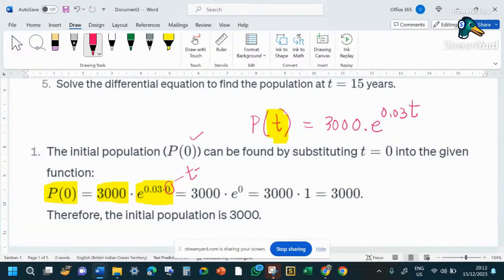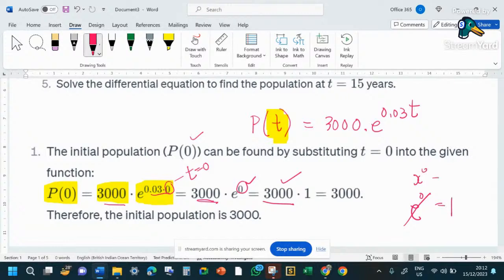There's no time lapse yet. So calculating this, you have 3000 times e to the 0. Why e to the 0? Because 0.03 times 0 is 0. Therefore, 3000 times, what is e to the 0? This is equal to 1.